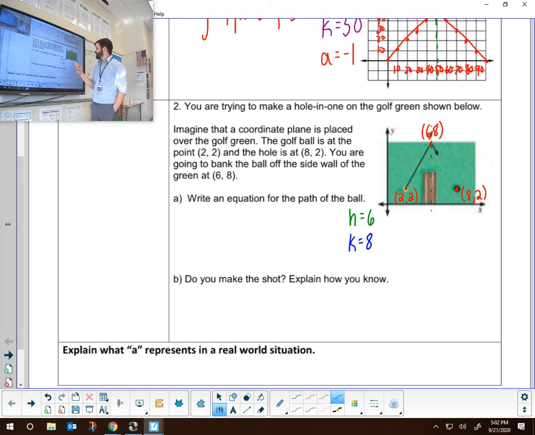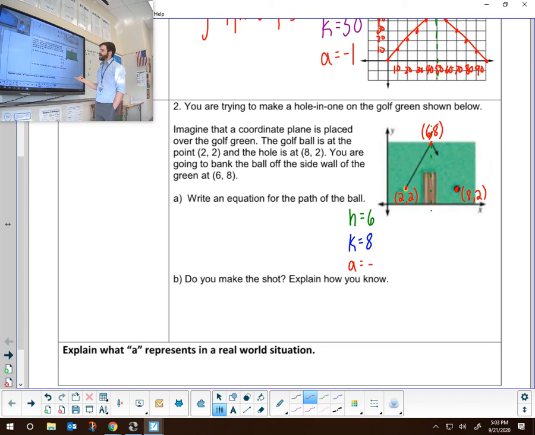Now I know one thing, my a is going to be negative. But one thing I don't know is the slope that my graph is going off of, and that's very important. The angle that we shoot off that wall is just as important as the point at which we're at, right? Because that's showing where we're going to hit, if we're going to hit that hole or not.